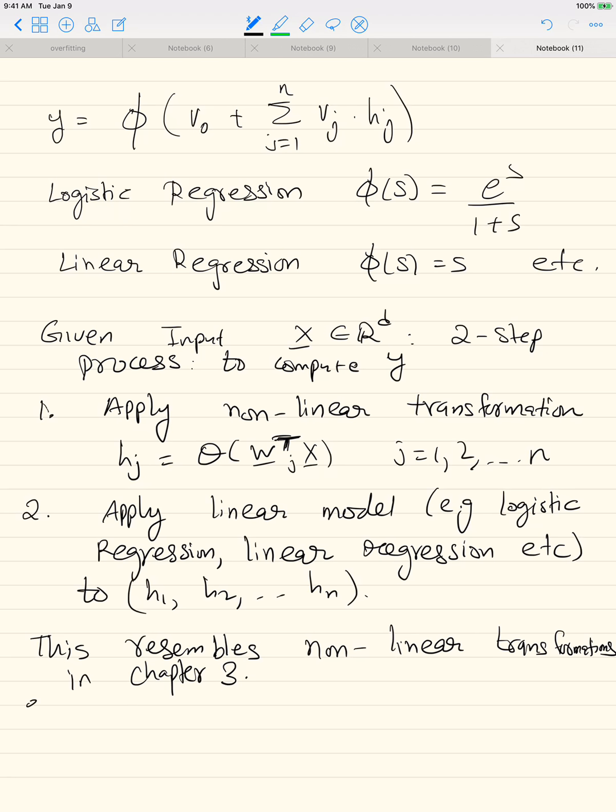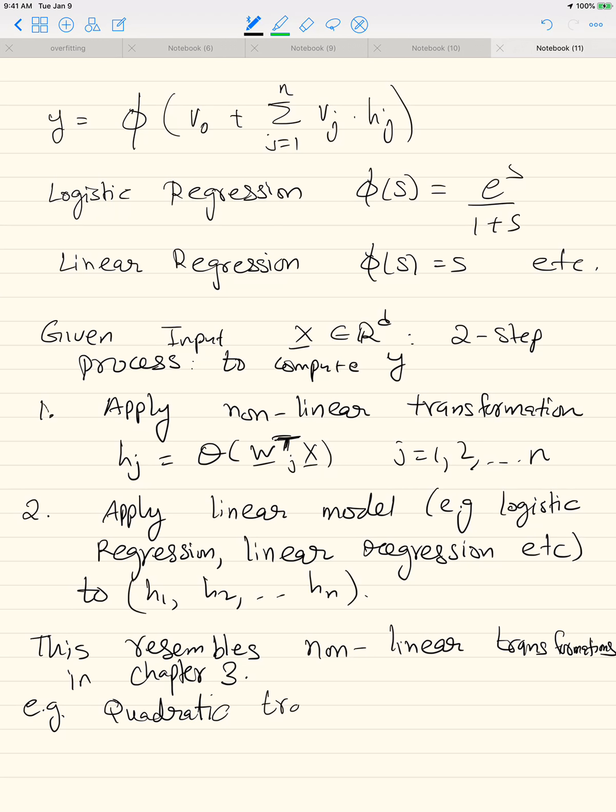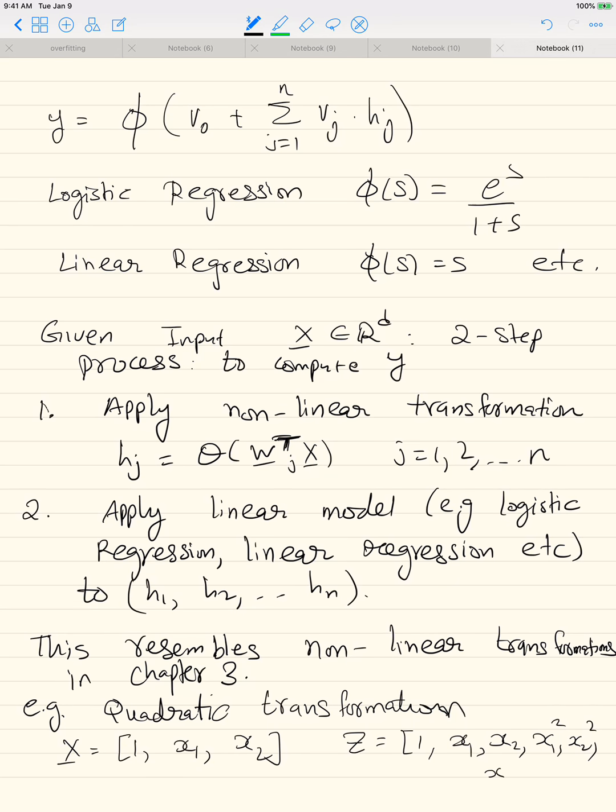For example, for quadratic transformation, if our input was x, we would apply z to be 1, x1, x2, x1 square, x2 square, x1 x2, and then apply a linear model onto the z vector.